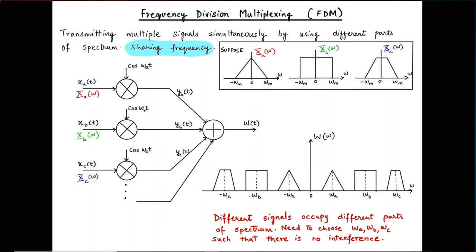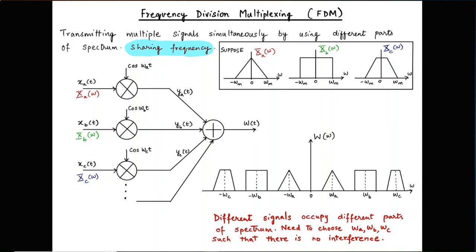So let's take a look at 3 signals that are being shared here. The frequency resource is being shared between 3 resources here. They are in time domain called x sub a, x sub b, x sub c of t. Those are in time domain, so these are 3 arbitrary time signals. Their Fourier transform is also written as cap X sub a of omega, cap X sub b of omega, and cap X sub c of omega in red, green, and blue respectively.